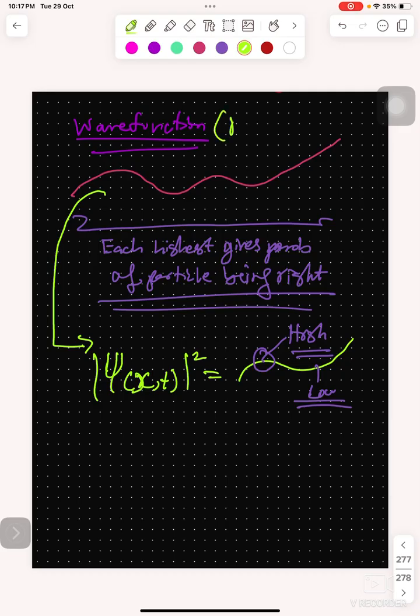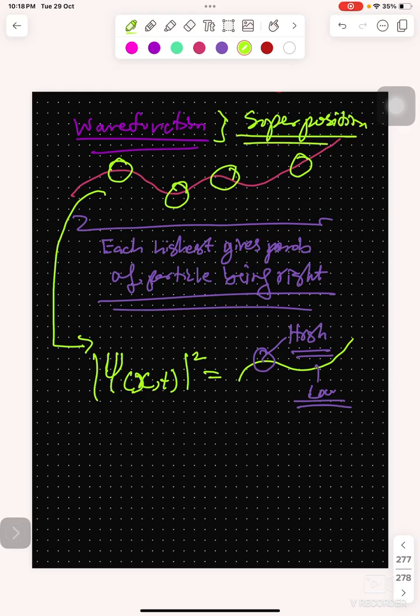Because the wave function assumes that if we are at a higher point, then the probability is high, low means less. So this also is an example of superposition, if I am right. Then examples of superposition.